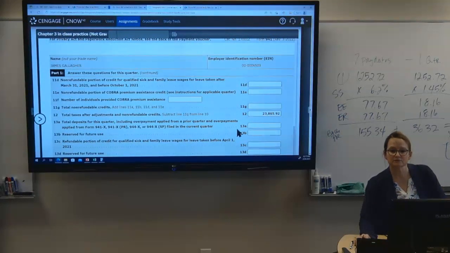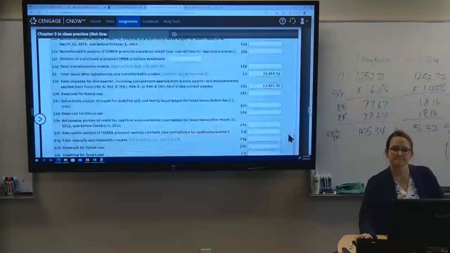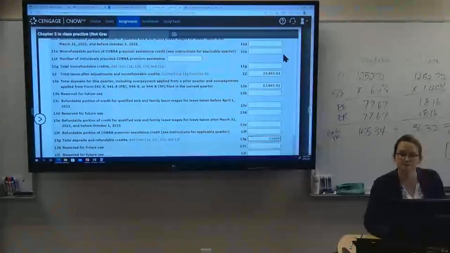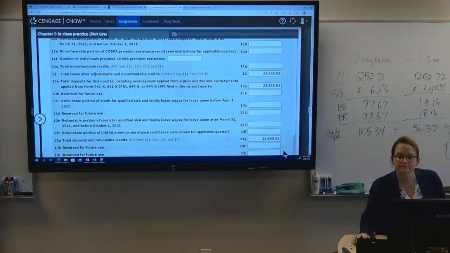Total deposits for the quarter, 23,865.92. Total deposits and refundable credits, 23,865.92, 13G.